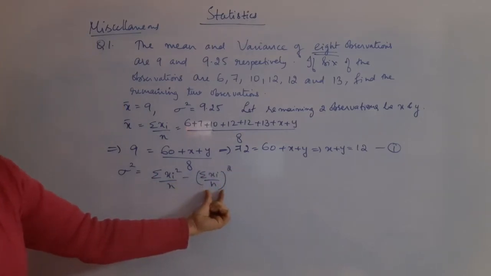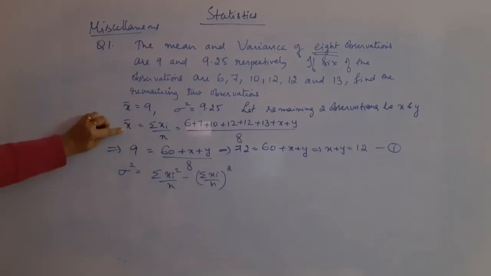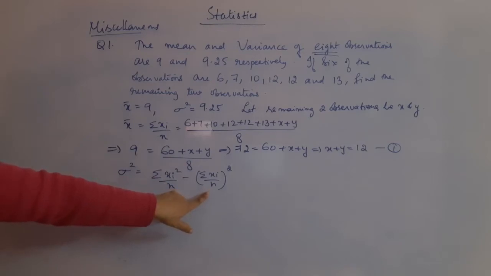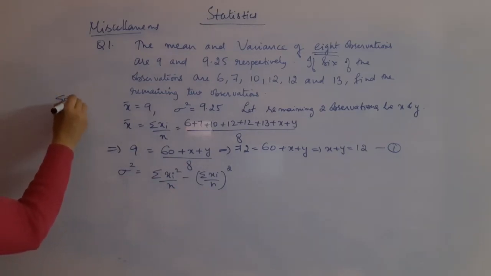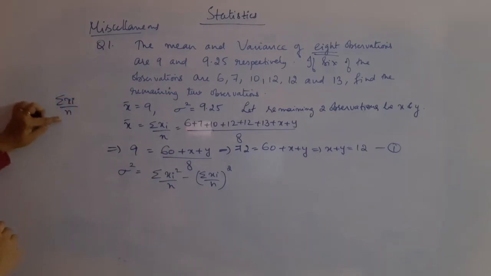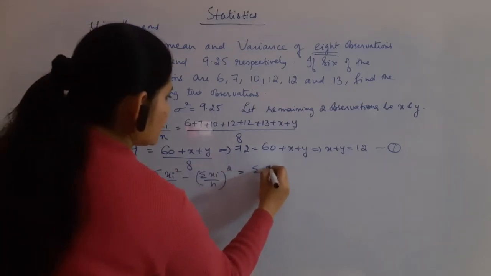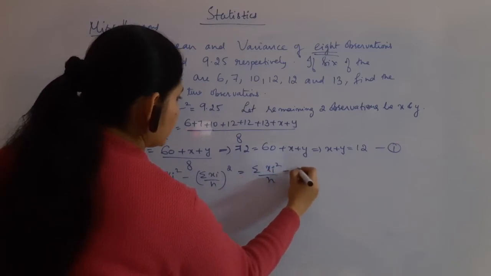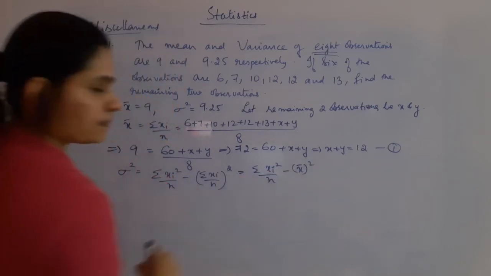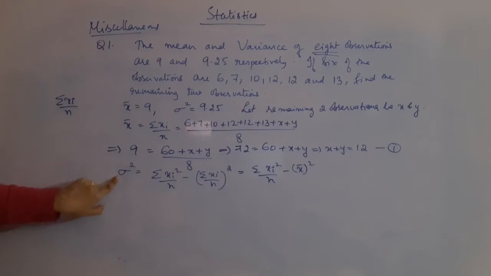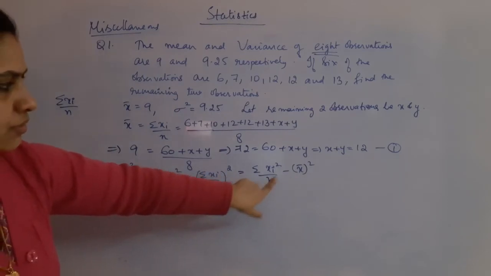And sigma xi by n is the same as x bar, the sum of all observations divided by the total number of observations. So you can replace it like this: minus x bar square. Now this value you know, this also you know.